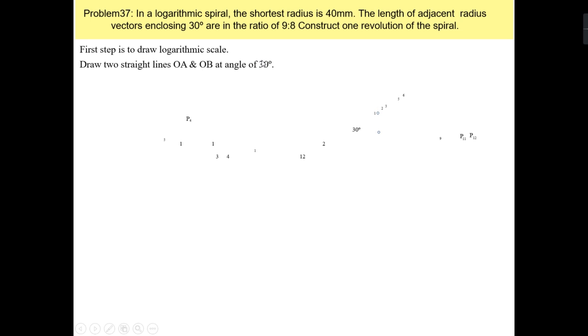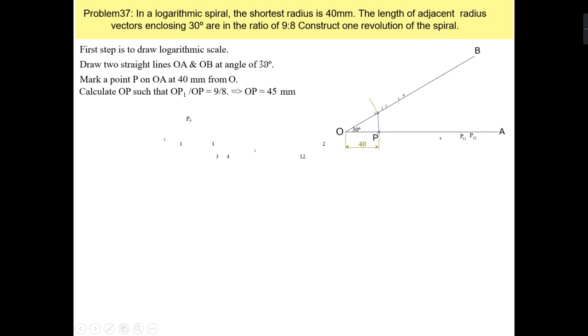For that, first you have to draw two straight lines OA and OB at an angle of 30 degrees like this. Then first you have to mark the point P on OA, that is 40 mm away from O. Then you have to mark the point P1 on OB, having the length of 45 mm.